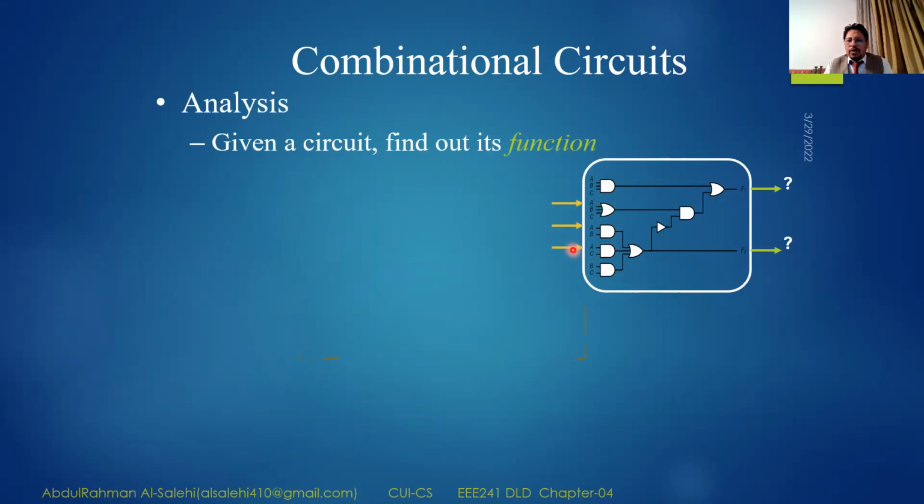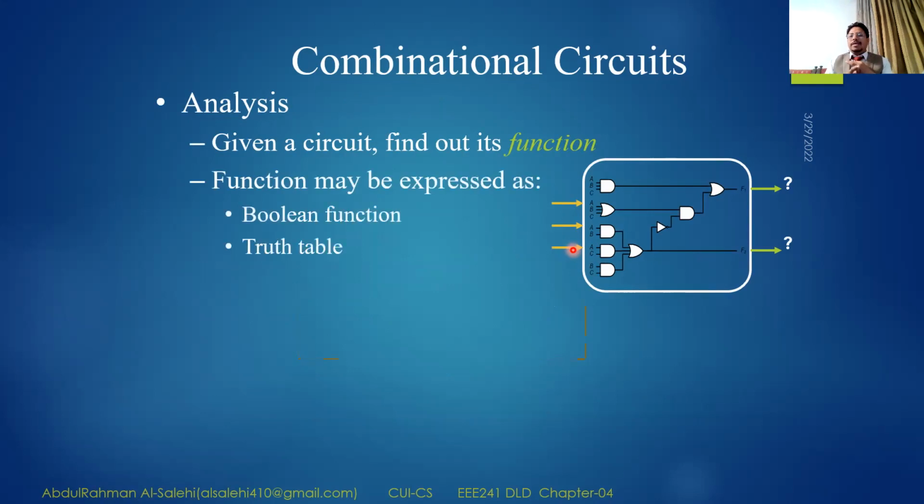So when we talk about the combinational circuits, we are going to talk about one of two things. Either we are going to talk about the analysis. Analysis means that I have a circuit and I want to analyze it. I'm going to make it as a Boolean function, and I'm going to make its truth table.